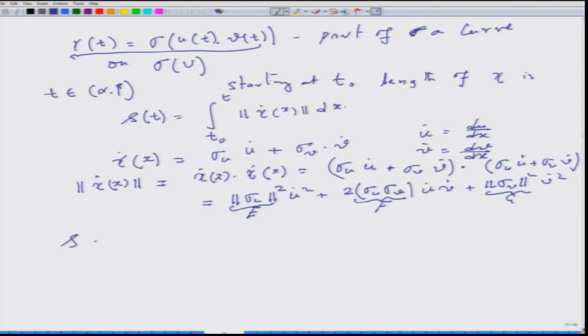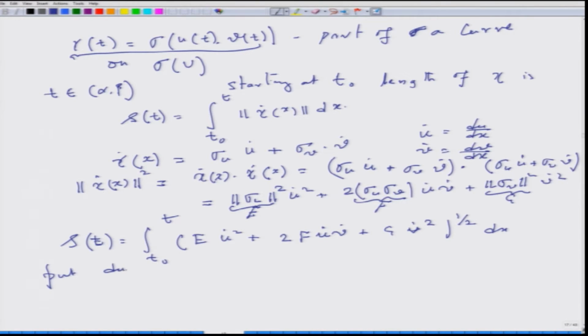So, s of t becomes the integral from t naught to t of E u dot squared plus 2F u dot v dot plus G v dot squared, to the power half. Oh sorry, this was the norm squared, right? So, I have to put a square root here. Now, du dx, this was u dot squared dx squared, this is du squared only.